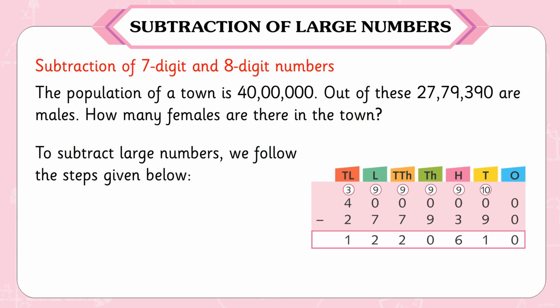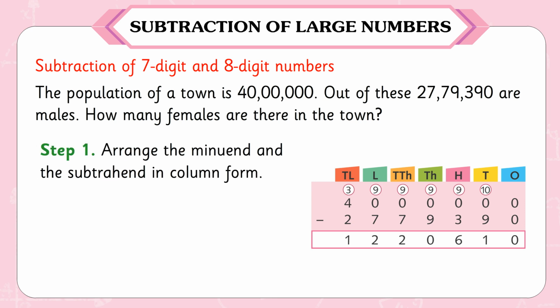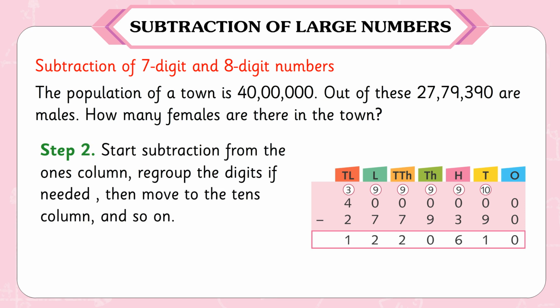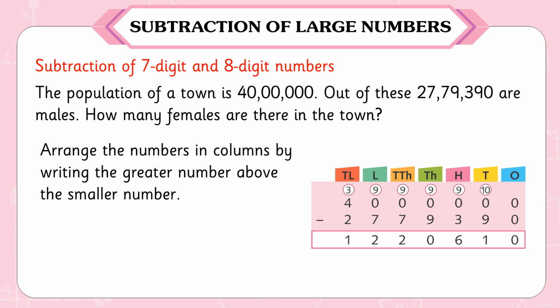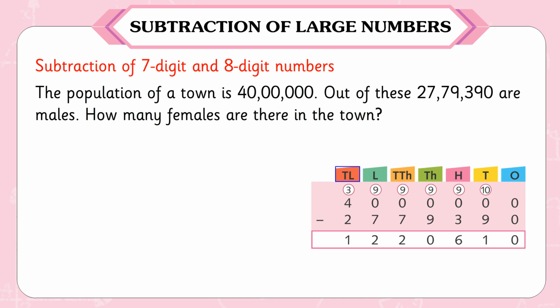To subtract large numbers, we follow the steps given below. Step 1. Arrange the minuend and the subtrahend in column form. Step 2. Start subtraction from the ones column. Regroup the digits if needed. Then move to the tens column and so on. Arrange the numbers in columns by writing the greater number above the smaller number.